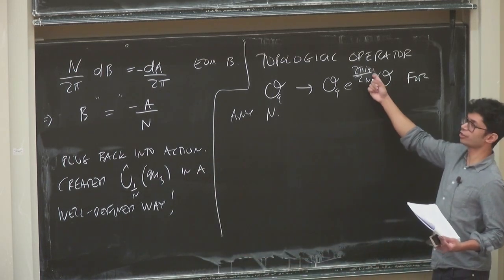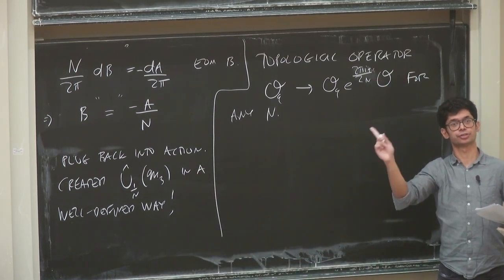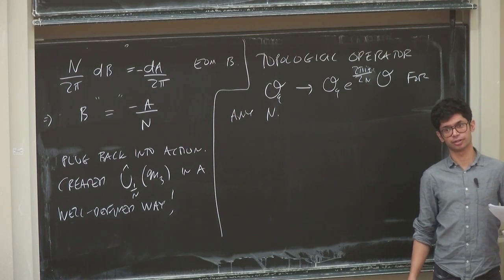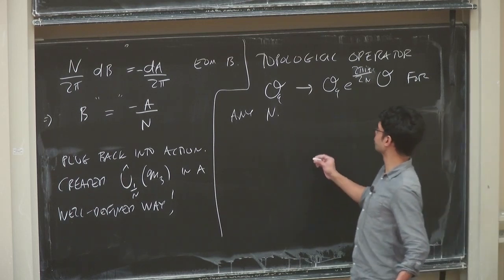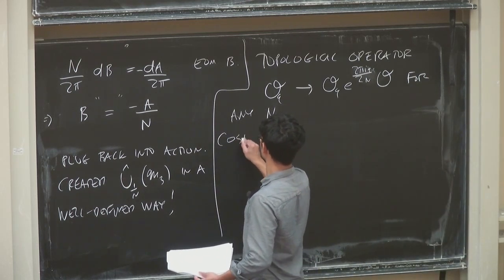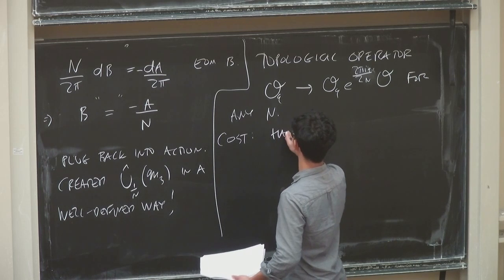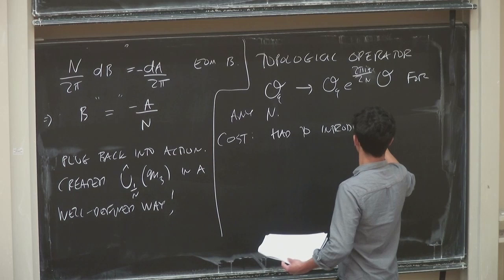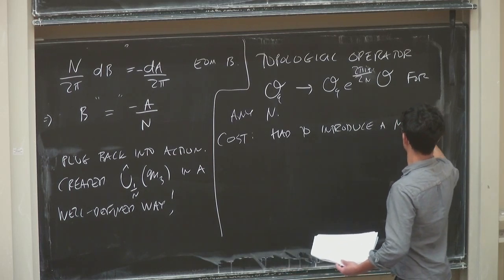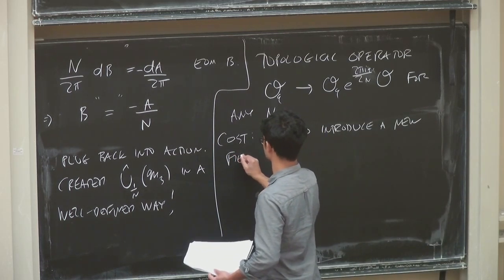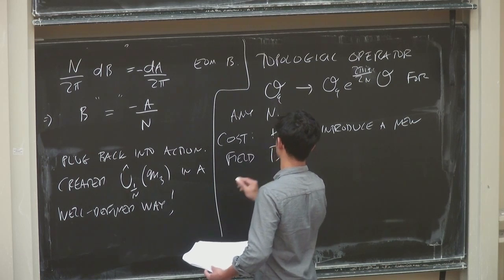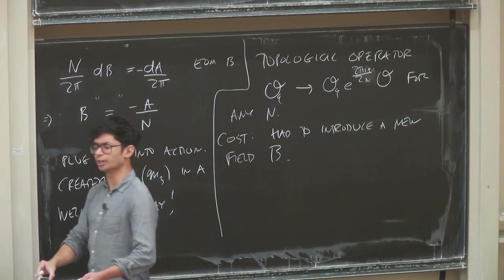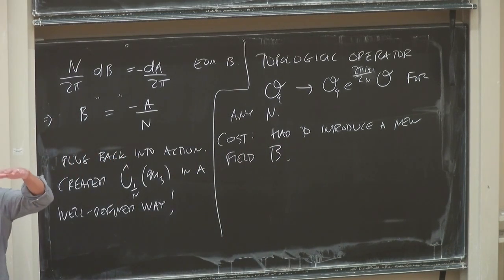So I can now generate a fractional rotation of the full circle for as fine an angle as I want. The cost of this was that I had to introduce a new field. But the field doesn't live everywhere. It only lives on this codimension 1 surface.